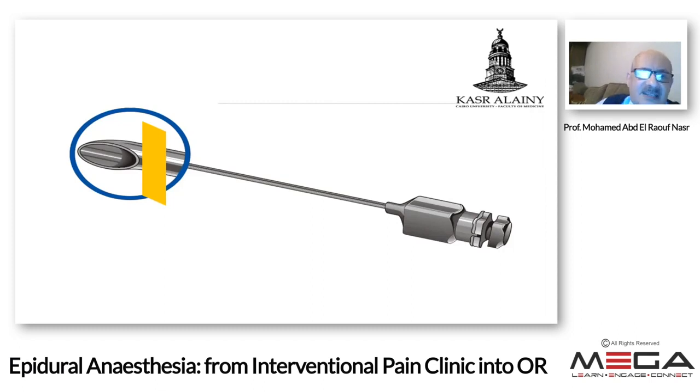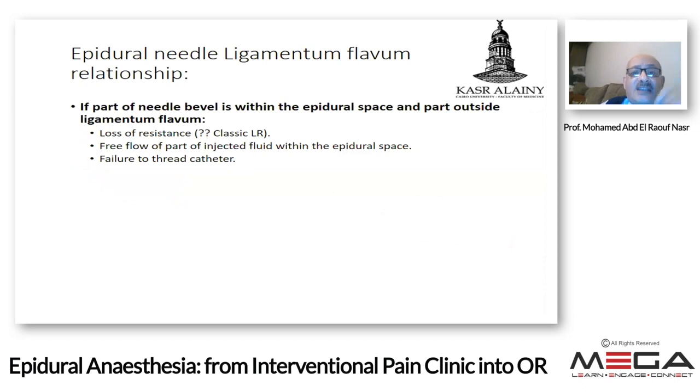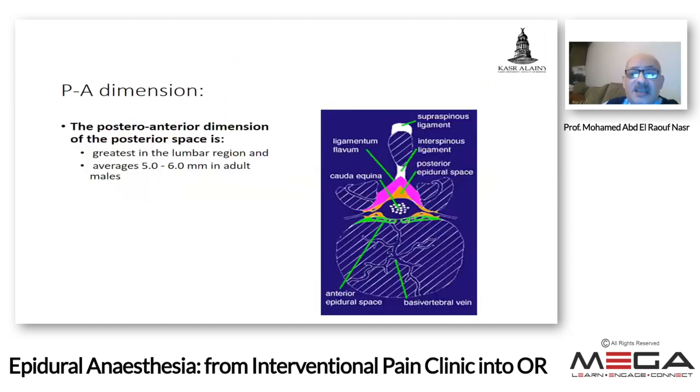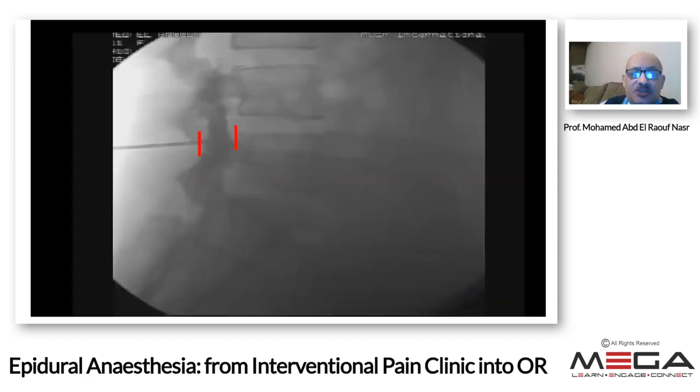This is very serious and might lead to a major dural tear. And you can advance your needle. But imagine you are doing a blind epidural and advancing the needle, at that time it might lead to dural tap with serious complication.